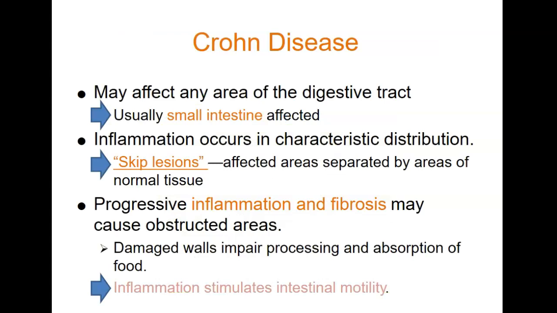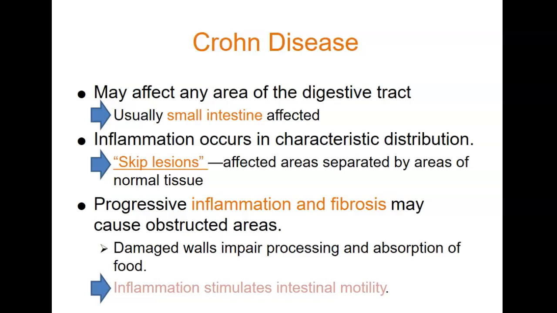All right, so Crohn's disease. It can affect anywhere in the digestive tract. However, most often it affects the small intestine. People with Crohn's disease often develop something called skip lesions. So what that means is there's an affected area that's inflamed and has a lot of necrotic cell death, but then there's totally normal healthy tissue.